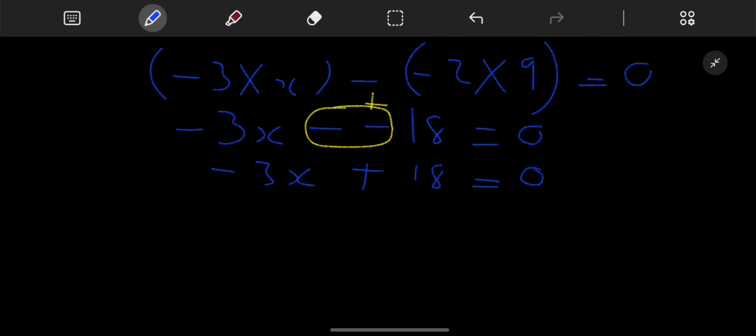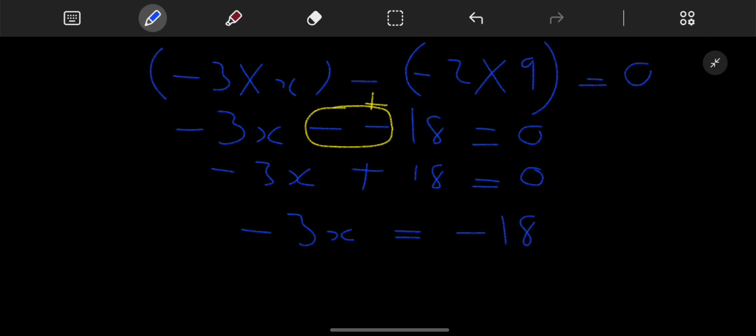Now this is an algebraic equation and we are solving for x. In other words, we want to make x the subject of the formula. So we take positive 18 over the equal sign, and it becomes negative 18. So minus 3x is equal to minus 18.